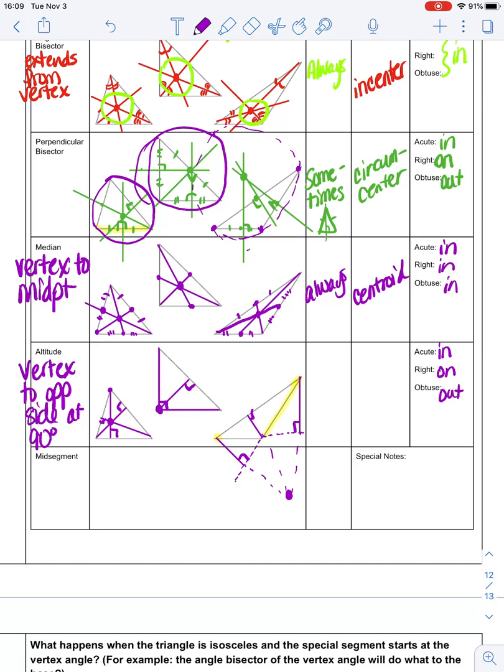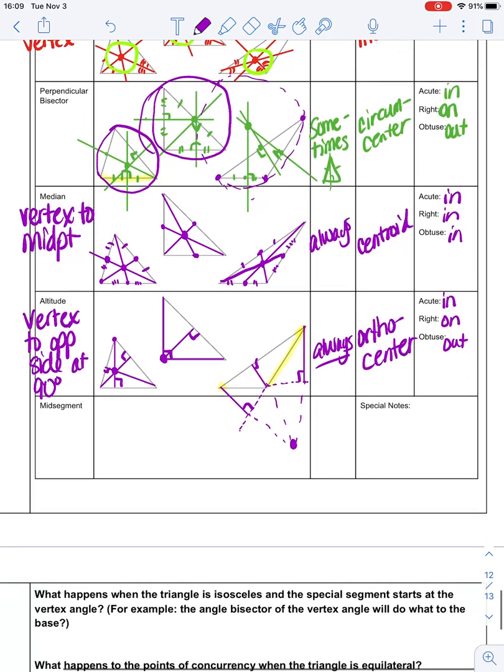So for an obtuse triangle, the point of concurrency of the altitudes is outside. Now this one is called the orthocenter. It doesn't really do very much that's special. Because the altitude extends from the vertex, it is always included on the vertex. So the only one that is sometimes on the vertex is the perpendicular bisector.